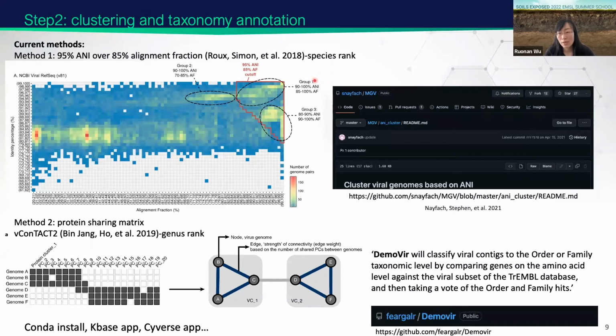So when Ruonan et al. suggested those cutoffs, they first compared the NCBI RefSeq viral genomes and found those cutoffs could better capture the clusters of viruses, and suggested naming these clusters vOTUs, or viral Operational Taxonomic Units. So that is used to differentiate from viral populations or viral clusters that are used in other literature where different clustering methods were applied.